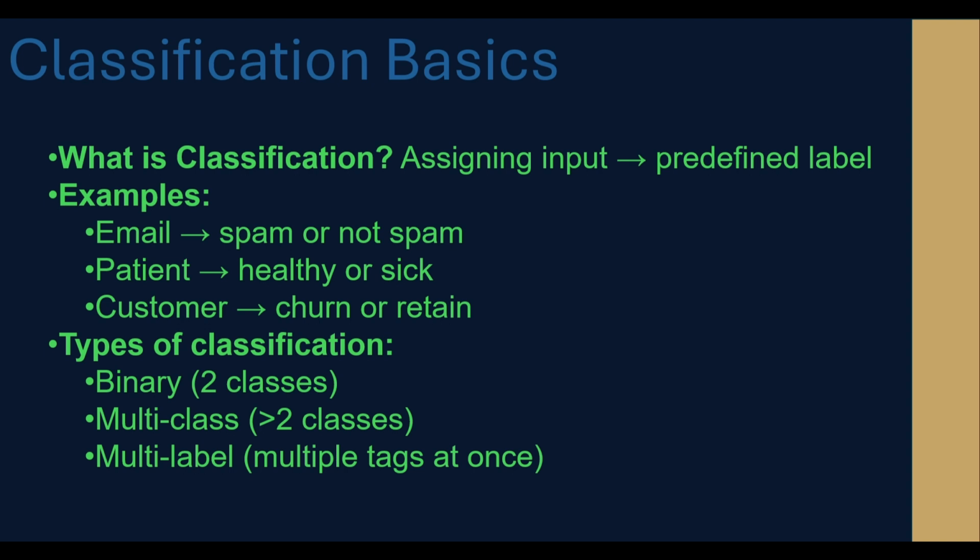For a customer, churn or retain. The types of classification are: binary, which is two classes, true or false; multi-class, in which there are more than two classes; and multi-label, which means multiple tags at once. Let's go to the notepad for a better understanding of this topic in detail.